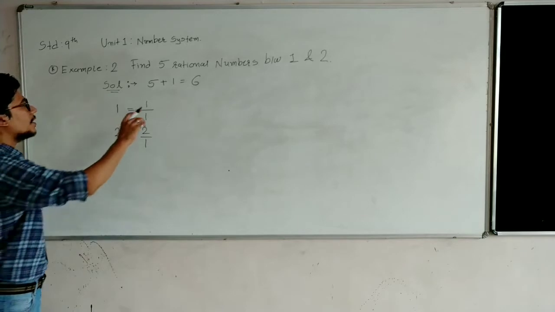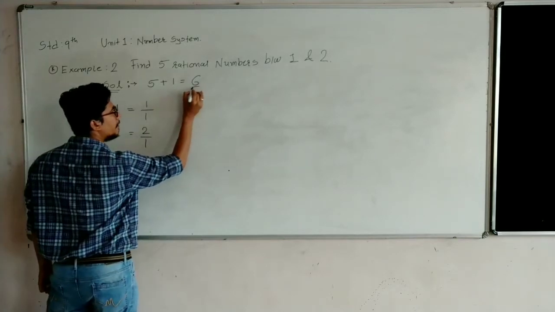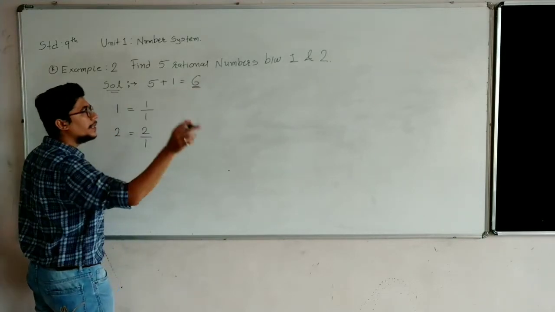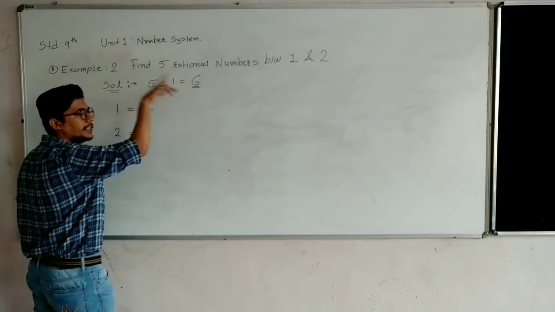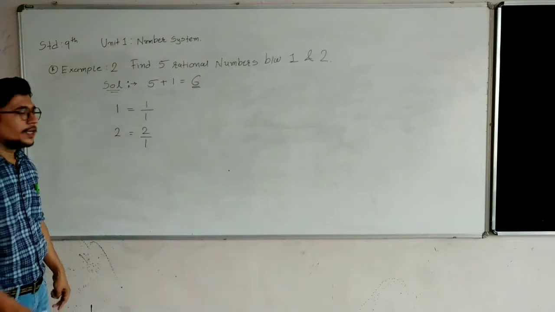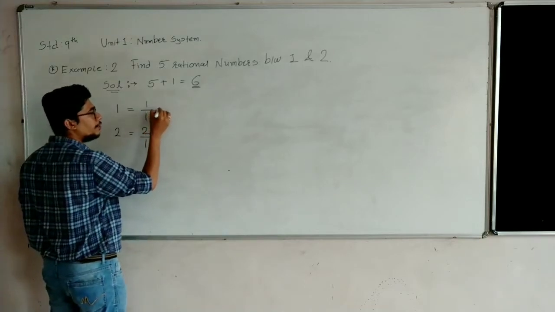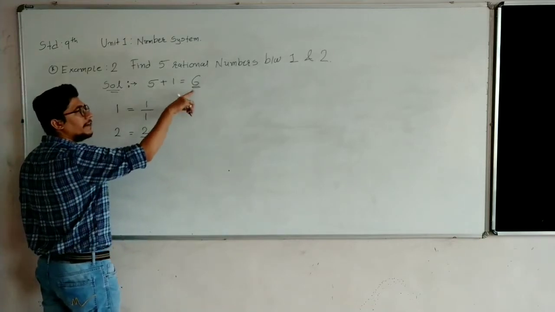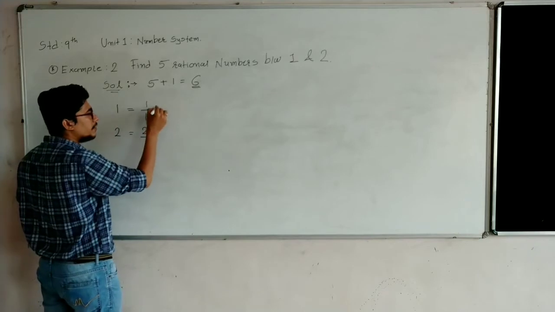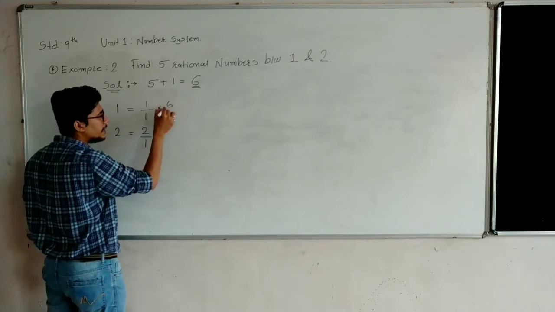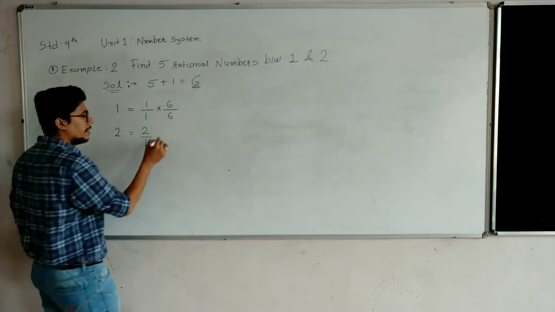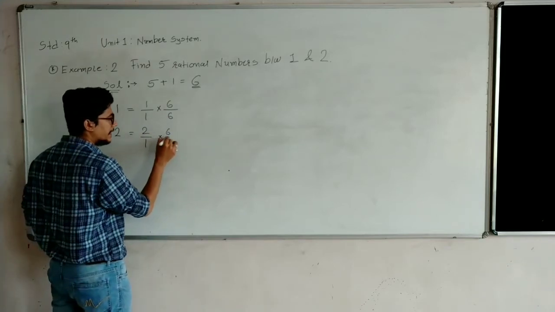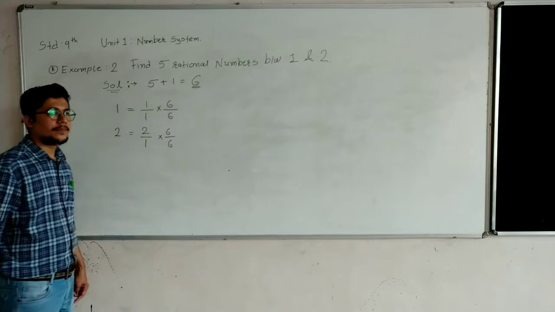So here the number we have obtained by adding one to the required rational numbers is 5 plus 1 is equal to 6. So what we have to do is multiply and divide with the number 6. Multiply with 6 and divide with 6. In the same way, multiply with 6, divide with 6.